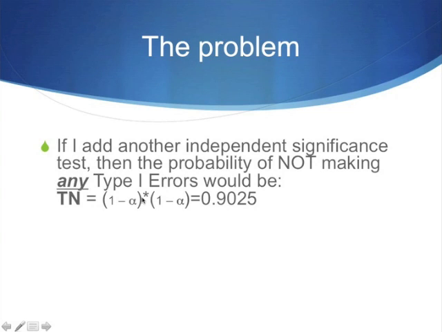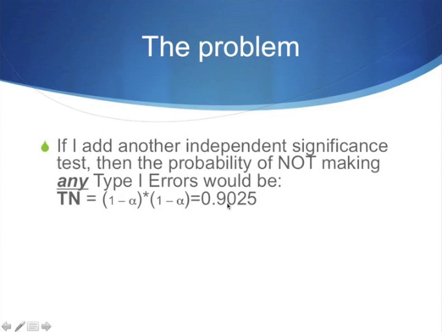If we add another independent significant test, then the probability of not making any type 1 error would be, here our true negative. Let's say we have two tests, then we multiply them by each other, so it will decrease from 95% to 90%.